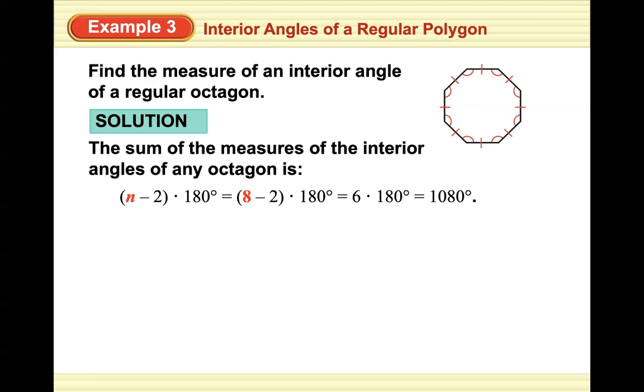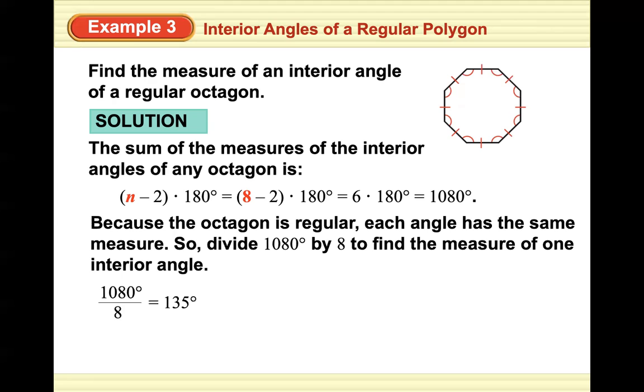Now, I know that every one of these angles, all 8 of them, have the exact same degree measure. So now I'm going to divide 1,080 by 8 because they're 8 equal angles. So I'm going to take 1,080 divided by 8, and that should give me my interior angles individually.